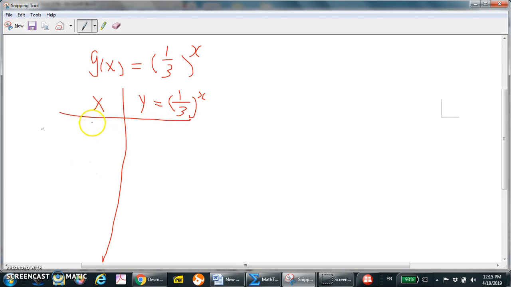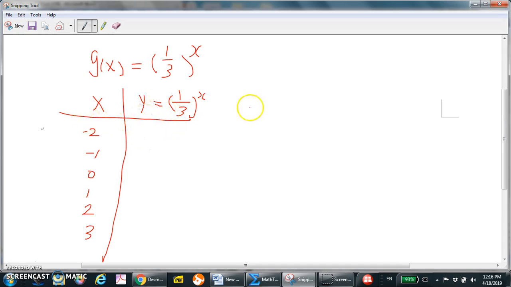I'm going to choose some random values for x and then compute the corresponding y values. Let's say we choose x to be -2, -1, 0, 1, 2, 3.